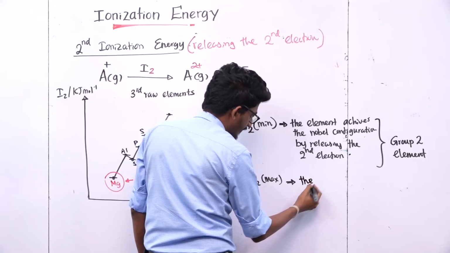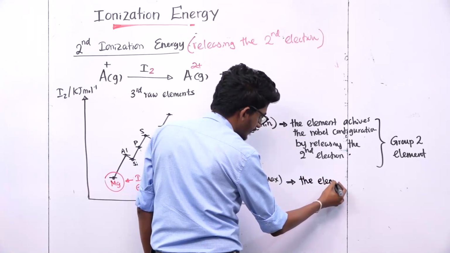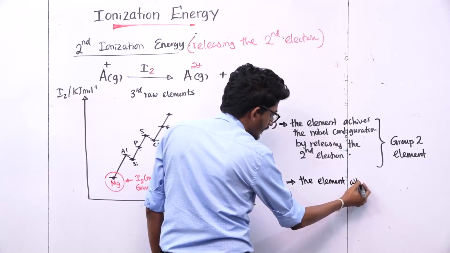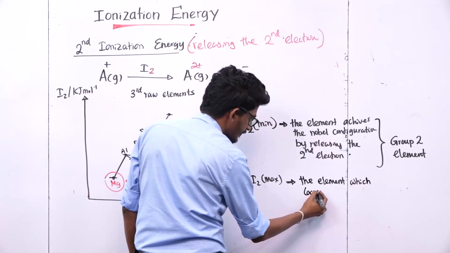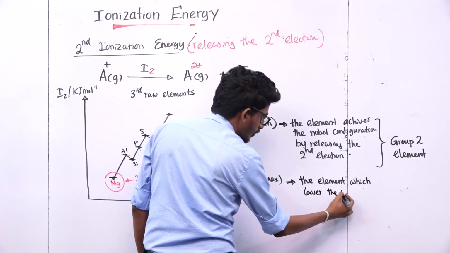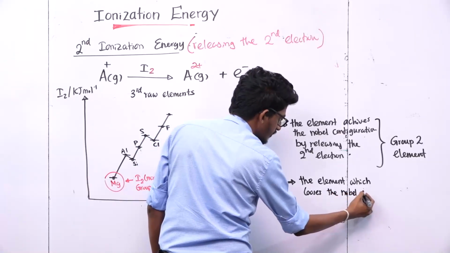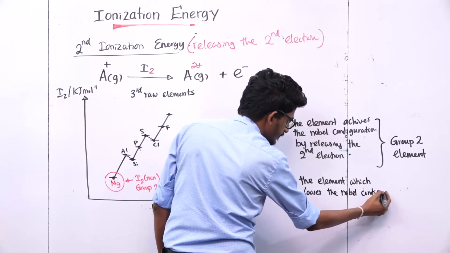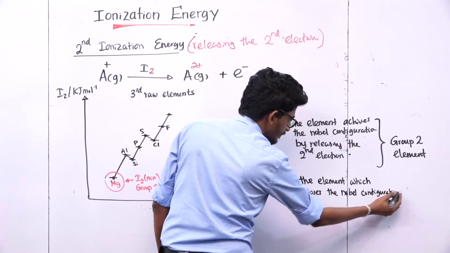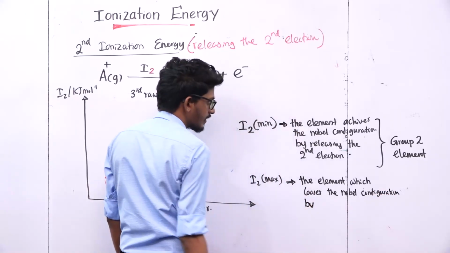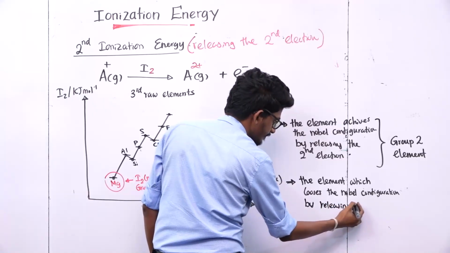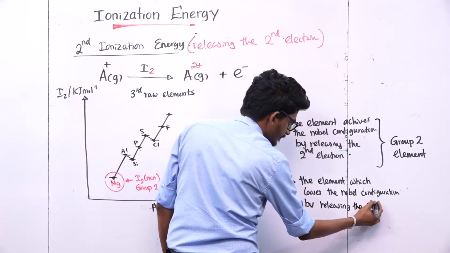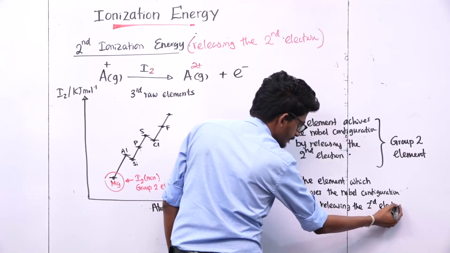So this is the element which loses the noble configuration by releasing the second electron.